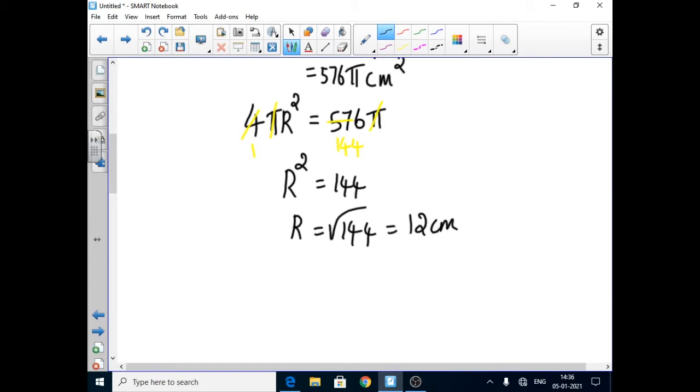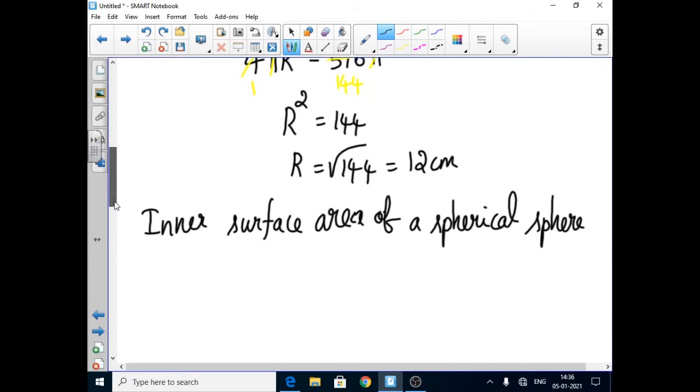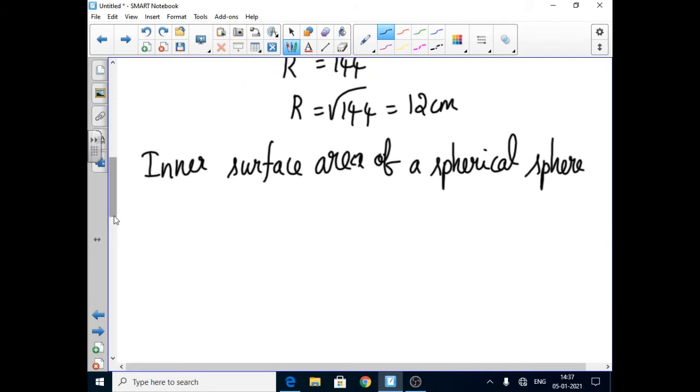Again the same concept, the inner surface area of a spherical shell. For a sphere, the surface area and total surface area are the same. So 324 pi centimeter square.